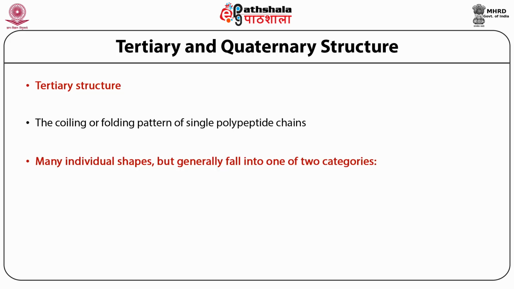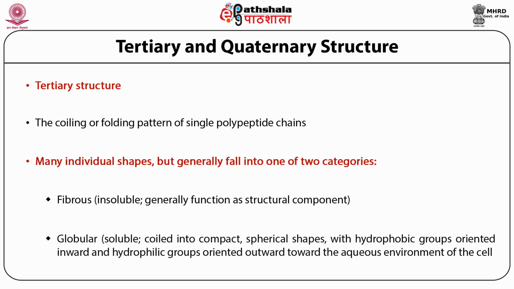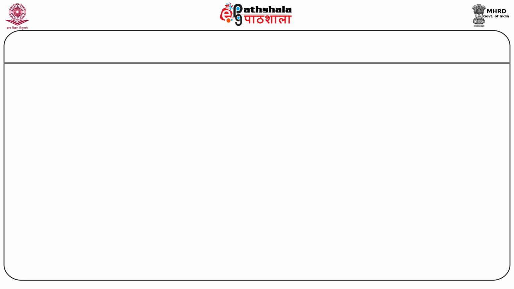Tertiary proteins are generally either fibrous or globular. Fibrous proteins are insoluble and generally function as a structural component. However, globular proteins are soluble, coiled into compact spherical shapes with hydrophobic groups oriented inwards and hydrophilic groups oriented outwards towards the aqueous environment of the cell.